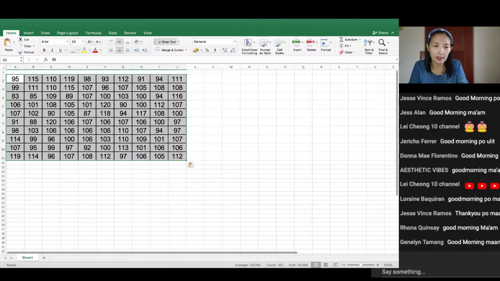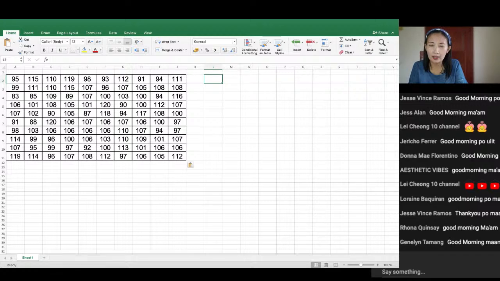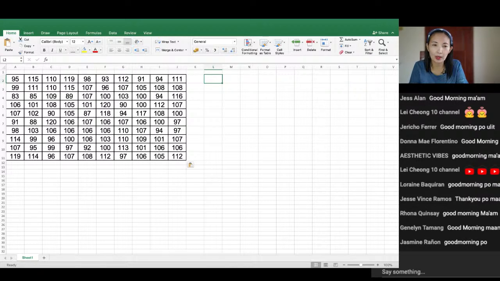Remember the steps in constructing a frequency distribution that we have discussed before. First, identifying the lowest and the highest score. We can easily do that, no longer by inspection but by using the max and min functions of Excel.